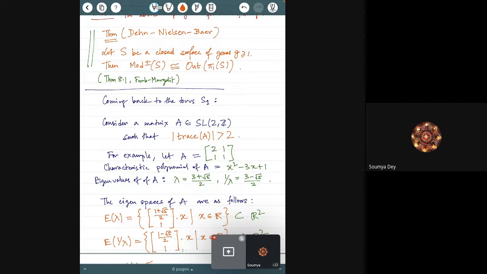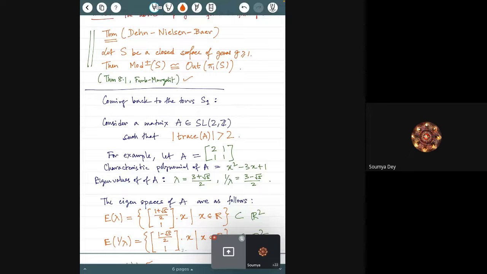So we have the Dehn-Nielsen-Baer theorem, which states that for any closed surface S of genus g greater than or equal to 1, the extended mapping class group is isomorphic to Out of the fundamental group. Out means the outer automorphisms, so you quotient your automorphism group by the inner automorphism group. You can see a proof of this in the Farb-Margalit book, theorem 8.1.